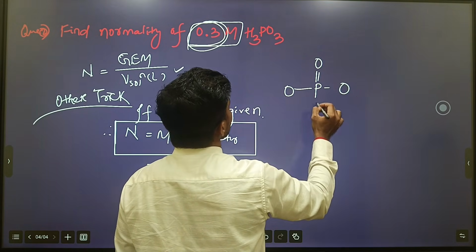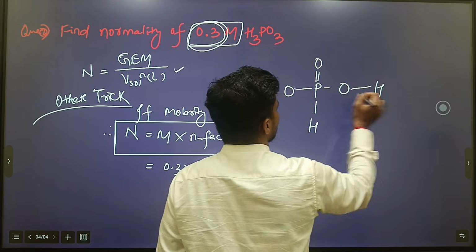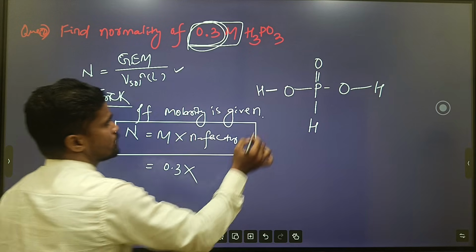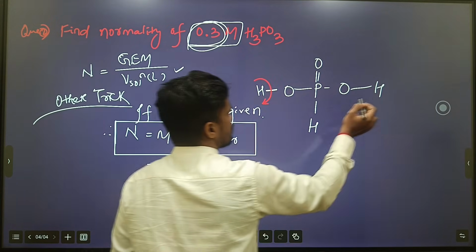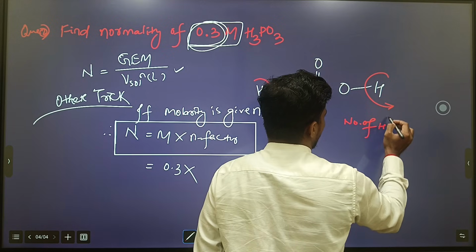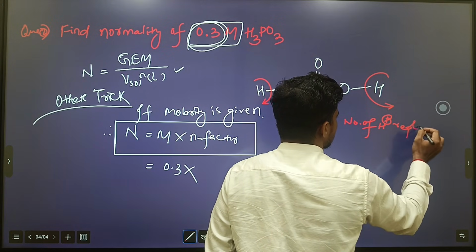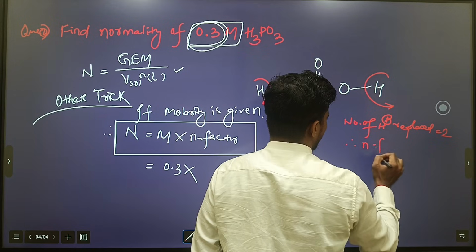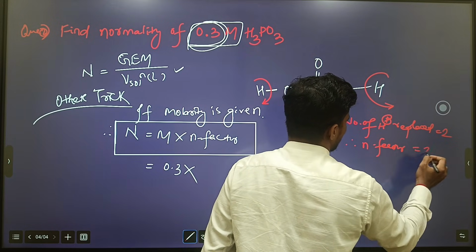So how many hydrogens will be replaced here? Only these hydrogens will be replaced. So the number of H plus replaced is equal to 2. Therefore the n factor will be 2.